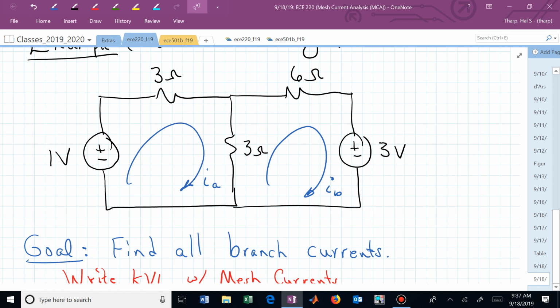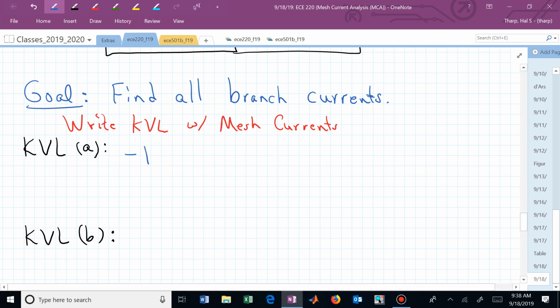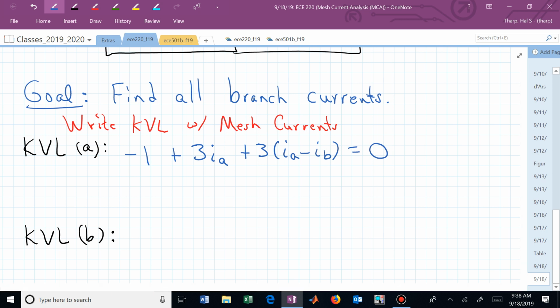We start at the lower left and we say, minus 1 plus 3 times I sub A plus 3 times I sub A minus I sub B. We're done with KVL for mesh A. This is now minus 1 plus 3 times I sub A plus 3 times I sub A minus I sub B is equal to 0. That's KVL for mesh A. This you should get very comfortable writing.